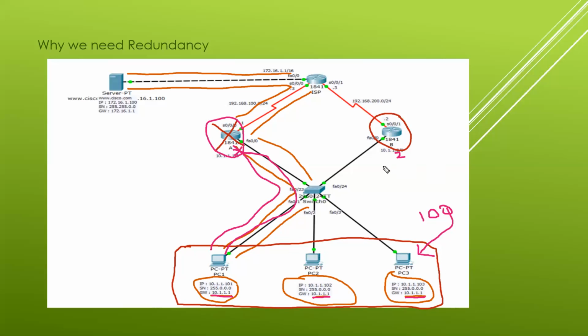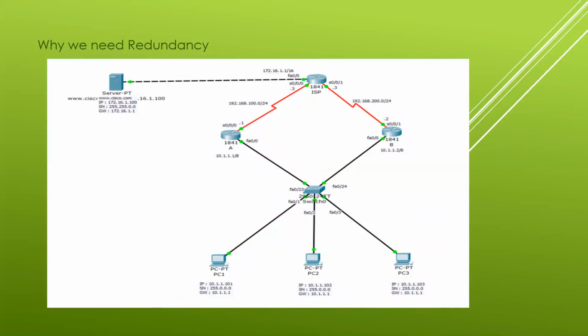Let's see how we are going to get benefits from the redundancy protocol. Let's erase this guy. Now what we are going to do is merge them into a virtual link. Let's assume this is a router.